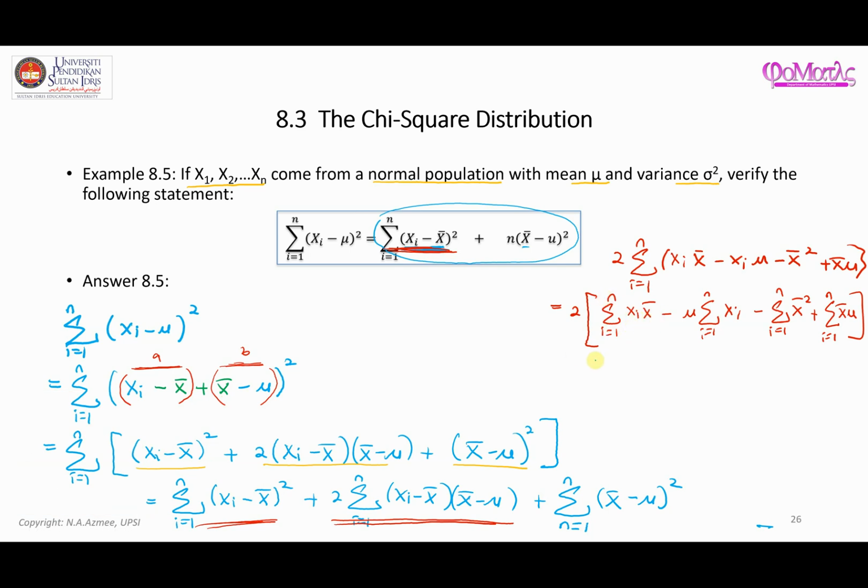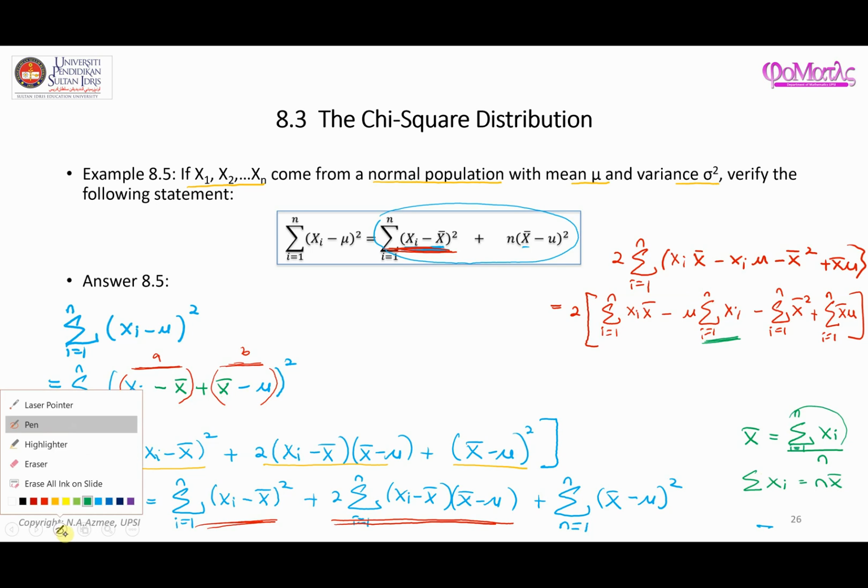But first I'm going to show you what happened to this guy. The summation of xi is equal to n x bar, because we know that x bar is the sum of all the x over n. This is the formula to get x bar. Therefore, the summation of xi is equal to n x bar.